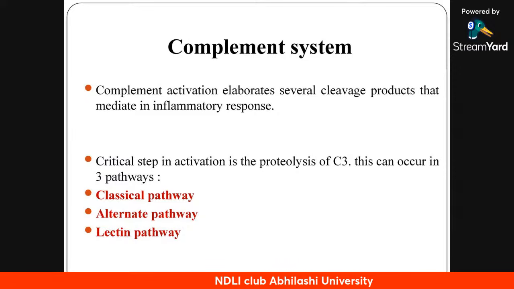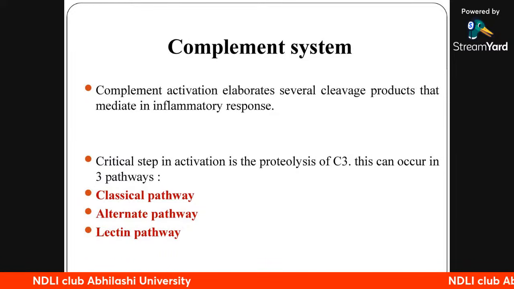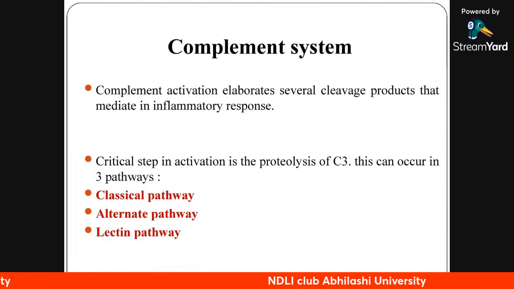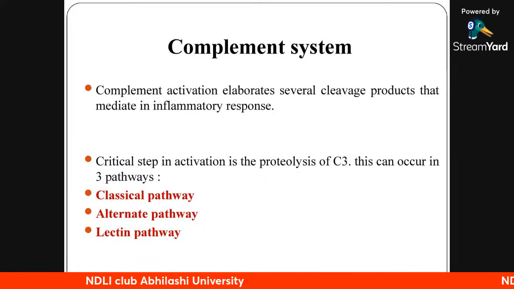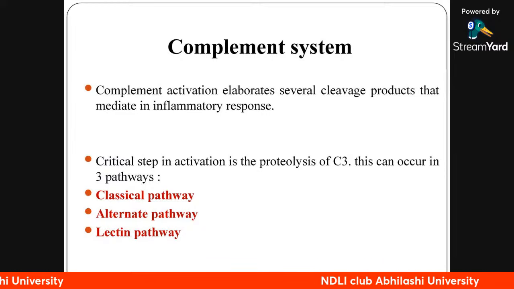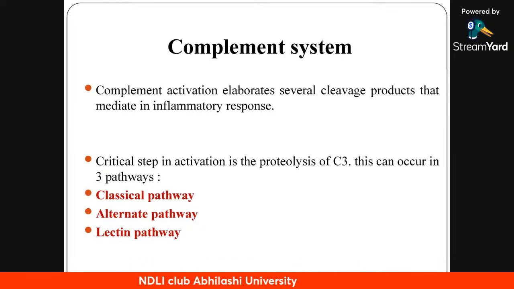Complement system. Complement is a group of serum proteins mainly synthesized in the liver and widely distributed among body fluids. The complement system comes into effect only when it is activated. A critical step in activation is the proteolysis of C3.